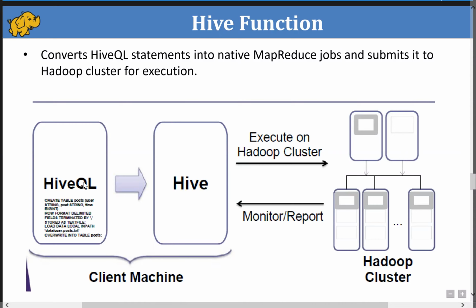When it's presented to Hive, what really happens behind the scenes is that the SQL is converted into a MapReduce program, a Java program, and that executable is thrown to the different nodes, processed, and the result is brought back. So this SQL is converted into a MapReduce program, and that's how it exactly runs.